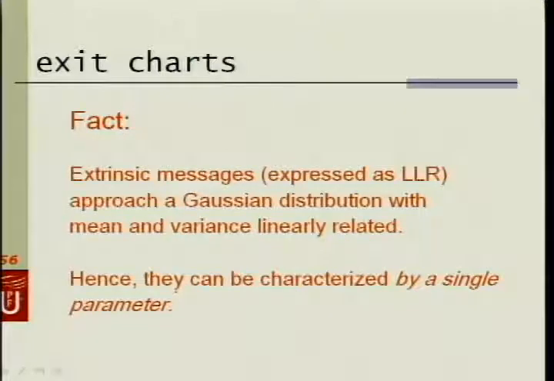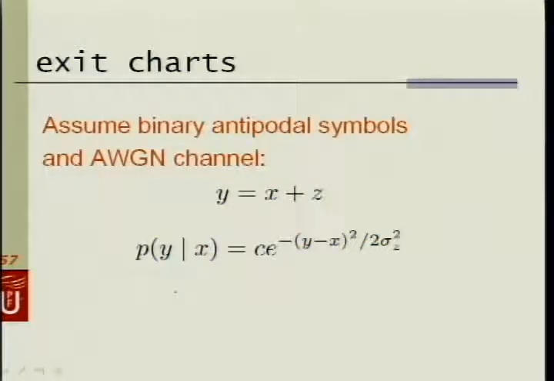Okay, this log likelihood ratio approaches a Gaussian distribution. So we can study the evolution of the algorithm by studying the evolution of this Gaussian distribution. Just to understand why, we have this very simple calculation that shows how mean and variance are related.